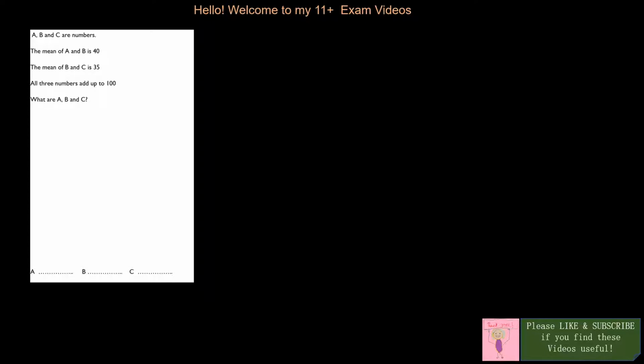So we have A, B, C are the numbers. The mean of A and B is 40. So the mean, if you have to find the mean of 2 numbers, you add the 2 numbers and divide by 2. So (A plus B) divided by 2 is 40. Okay, so we get A plus B equals 80.